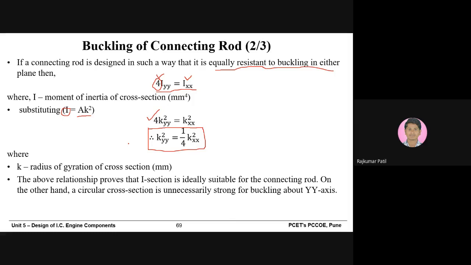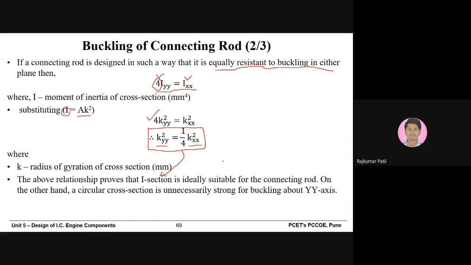Now the above relationship proves that the I section is ideally suitable for the connecting rod, because kyy square is equal to 1 by 4 kxx square. So when you check that radius of gyration relationship for the x and y planes, the section will become an I section, which is preferred, and that's why the I section connecting rod is widely used.